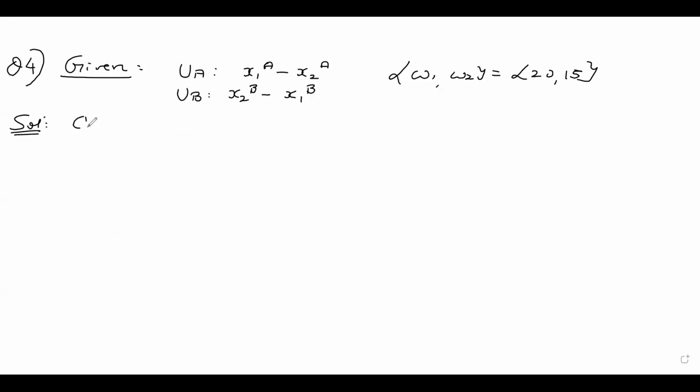So you can clearly see for agent A, x1 is a good, but x2 is a bad.